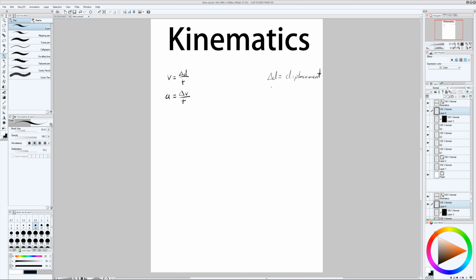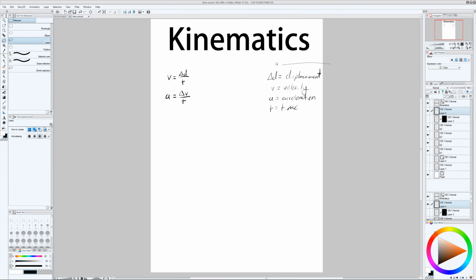We've then got v, which is velocity. We've got a, which is acceleration, and we have t, which is time. And might as well put this in.